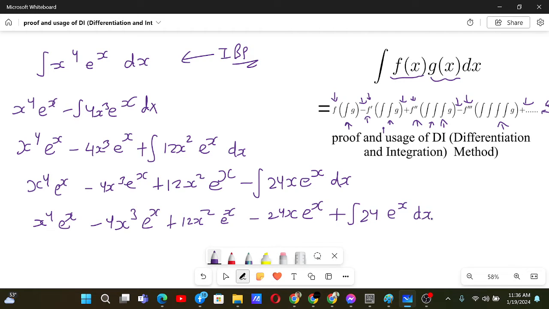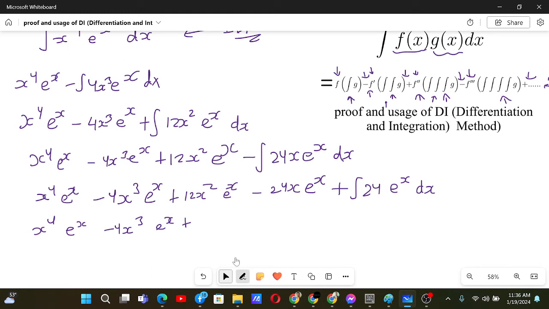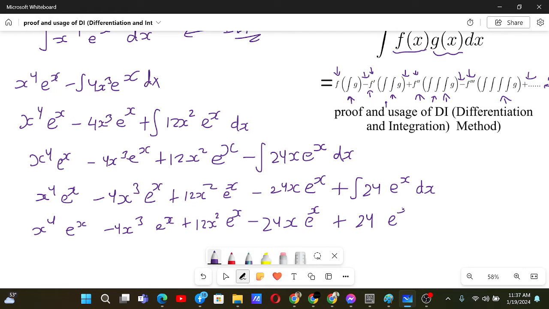Now we will have x to the power 4 times e to the power x minus 4x cube e to the power x plus 12x square e to the power x minus 24x e to the power x plus 24 times e to the power x, and minus the integral of the differentiated term.